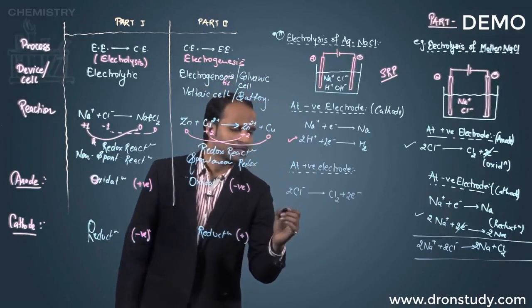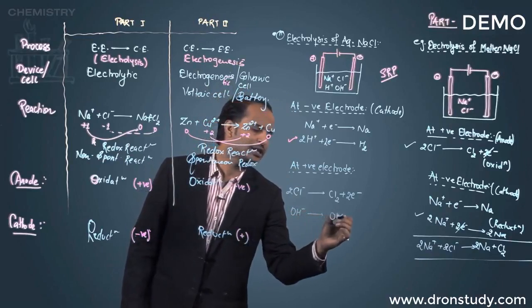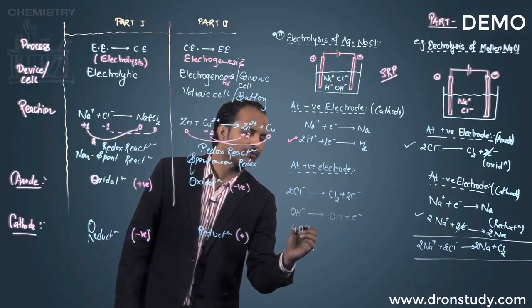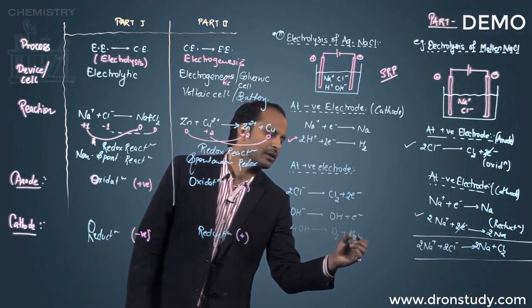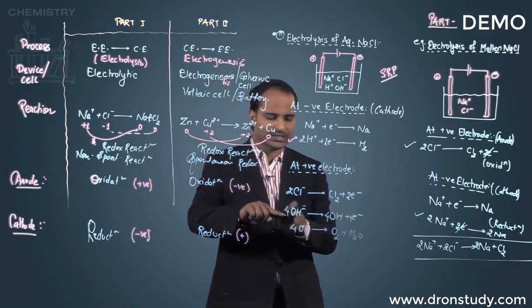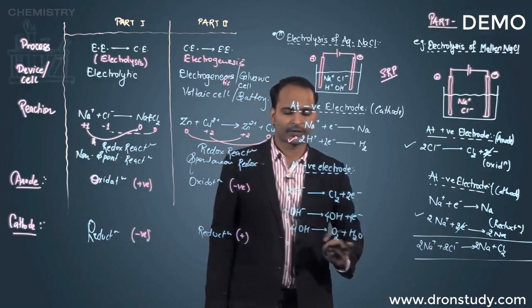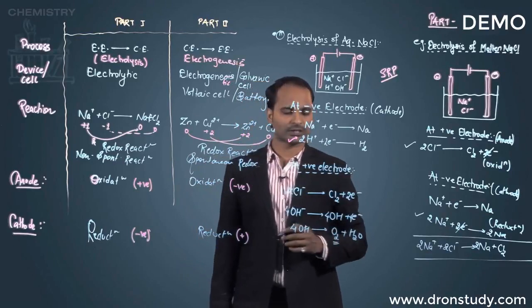And if the OH- ion is approaching, then OH- will give OH plus an electron, but OH does not exist in this form. So 4 molecules of OH will give O2 and water. Ultimately I can say the reaction is 4OH- giving O2 plus water. So if the OH- ion is approaching, it will produce O2 after the oxidation.